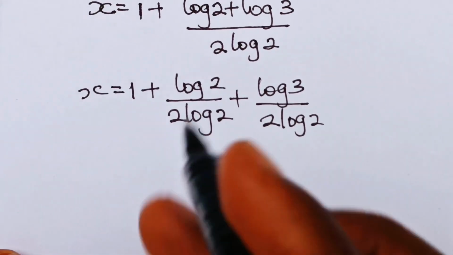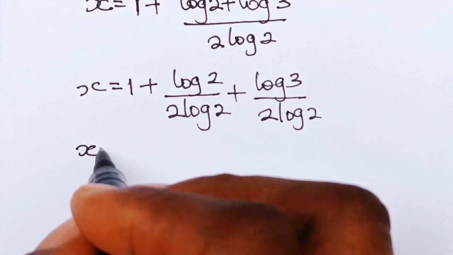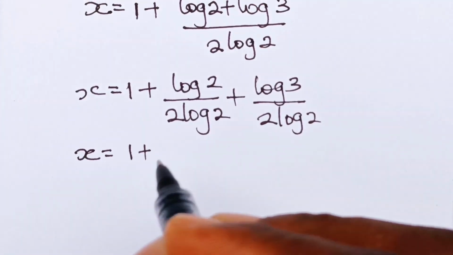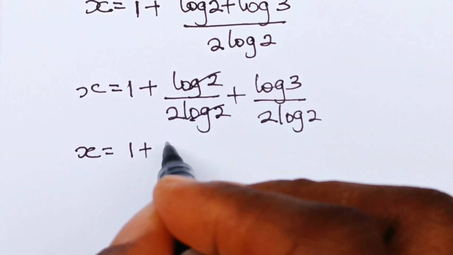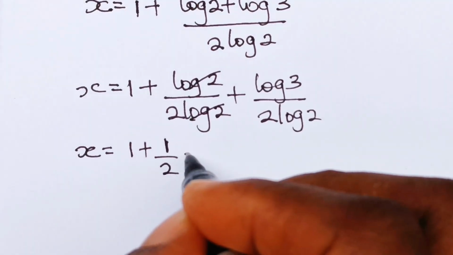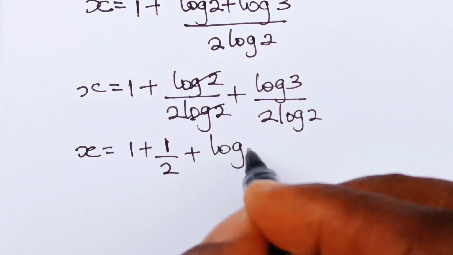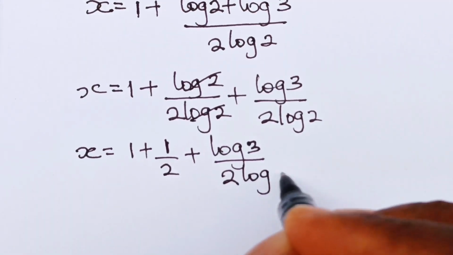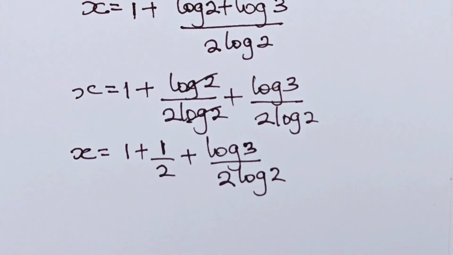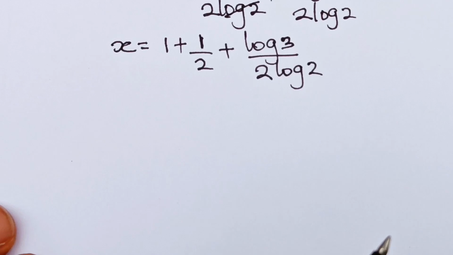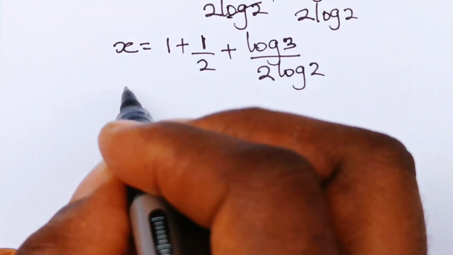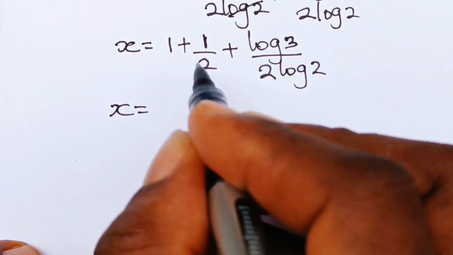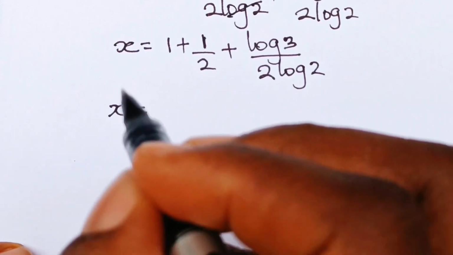So we have that x is equal to 1 plus, this we cancel and we have half remaining, plus log 3 divided by 2 log 2. So we can write x to be equal to 1 plus half, which gives us 1.5.